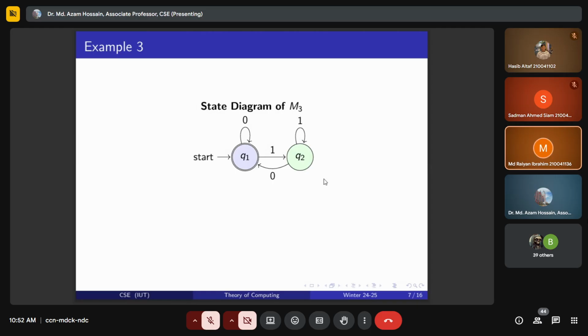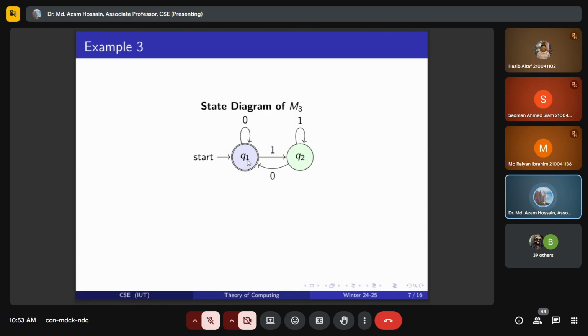Okay. Since the starting state here is the final state, how can I go to the starting state? Do we consume any input, any string to go to the starting state? No, right? So that means when I am at this starting state, it also accepts the empty string, epsilon.